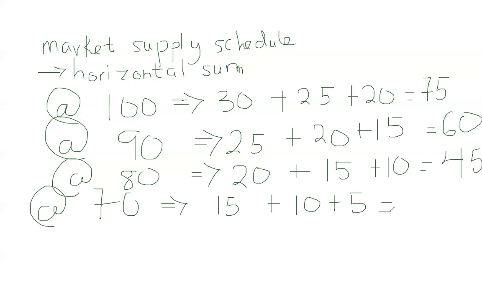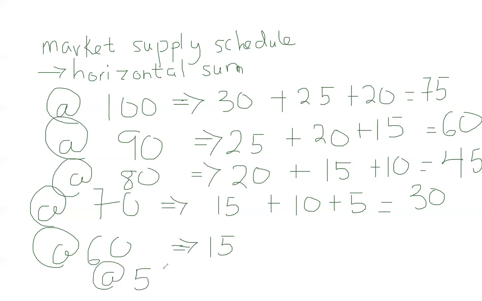So at a price of 70, we have basically 30. Right, and we do this for every single price. So 60, we're going to have 15. At 50, we're going to have 5. And at 40, we're going to have 0. Okay, so that's what we get in terms of the market supply schedule. You basically find the horizontal summation of quantity supplied at each market price.